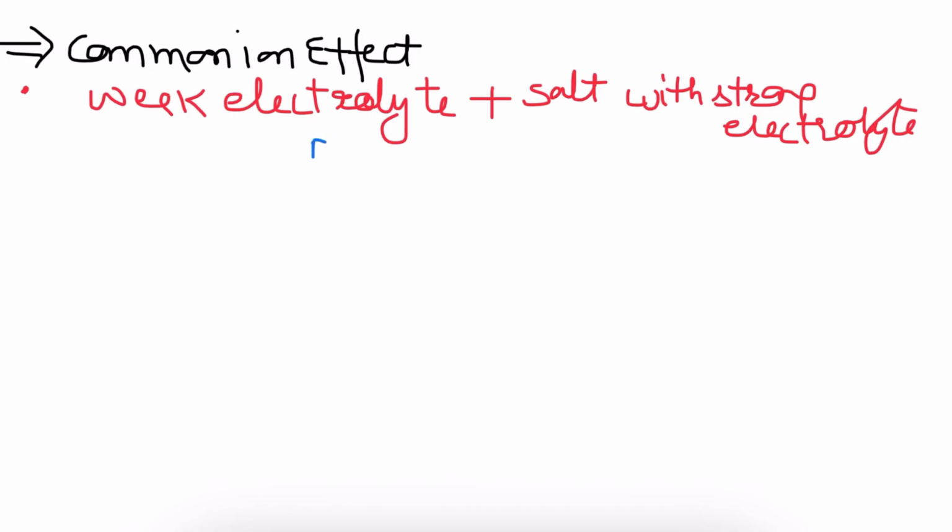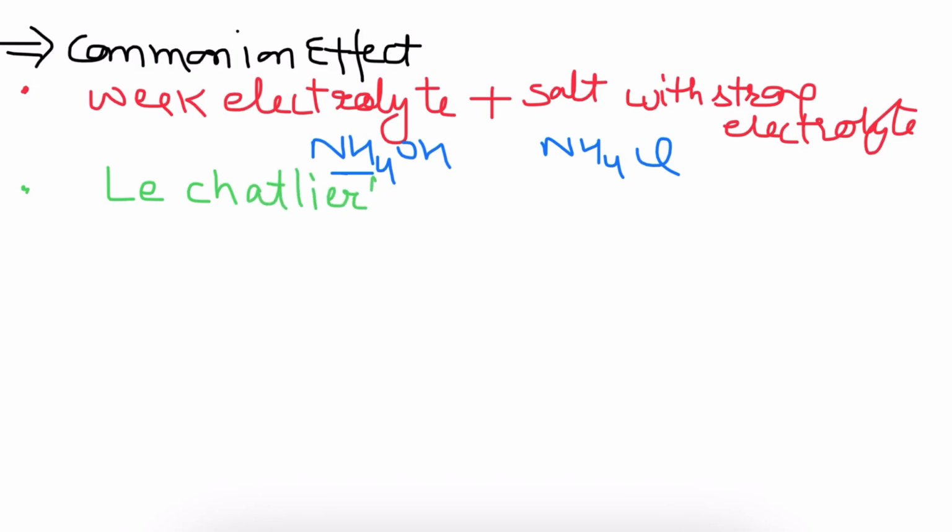For example, NH4OH and NH4Cl, a salt of ammonium with chloride. The principle we use here is Le Chatelier's principle in case of this ionic equilibrium.